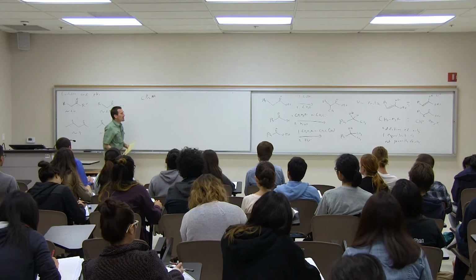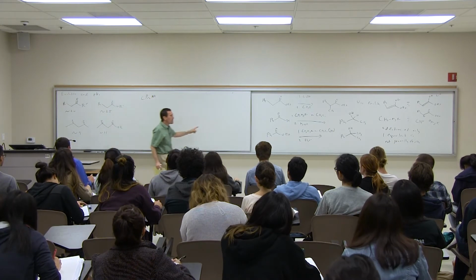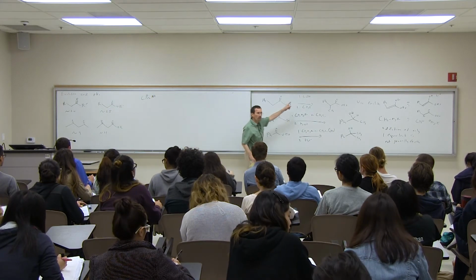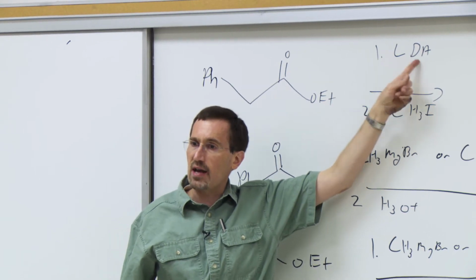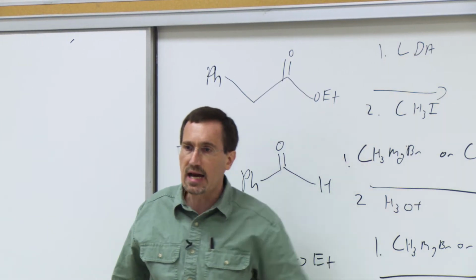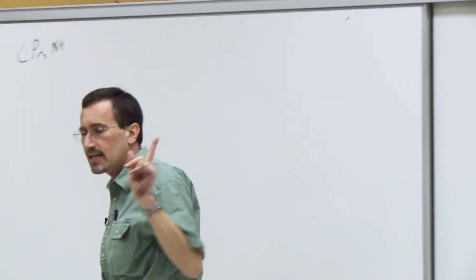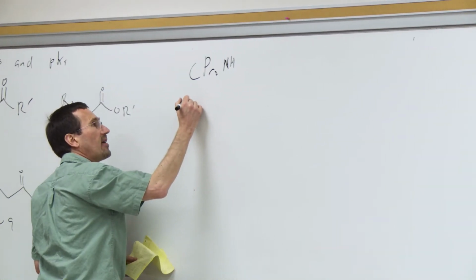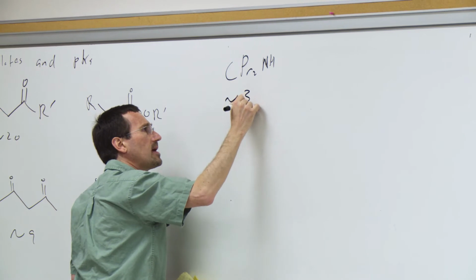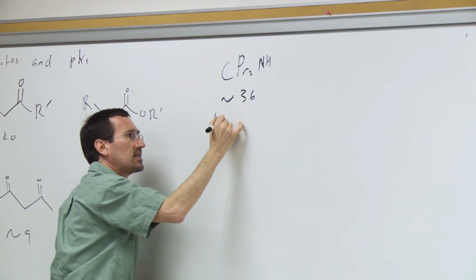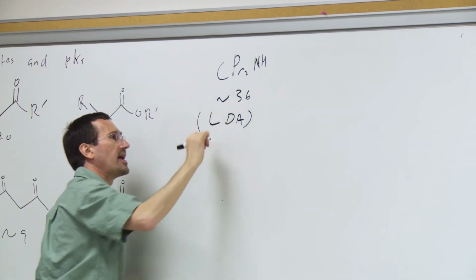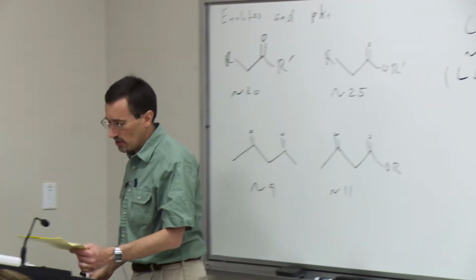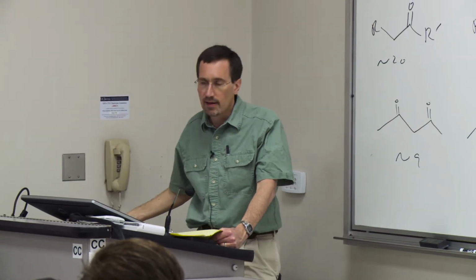The conjugate base is what we use in a reaction, LDA. That means you've got to worry about the pKa of the conjugate acid. That tells you how strong a base LDA is. The pKa of diisopropylamine is about 36. And as I said, the base in mind that I keep that number associated with is LDA.